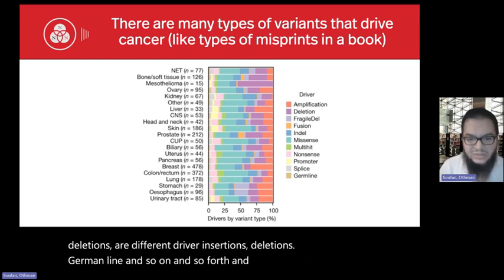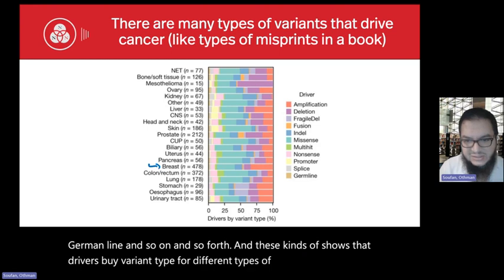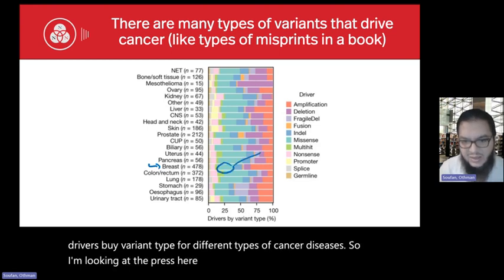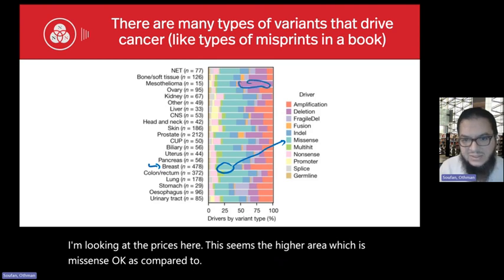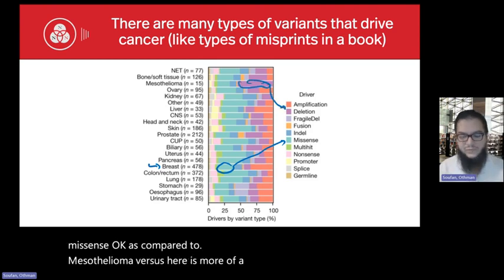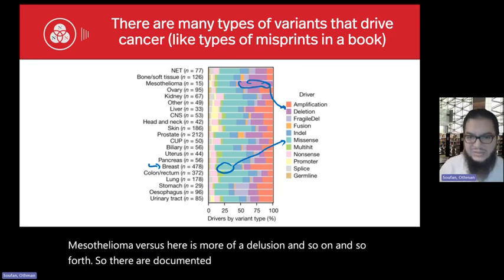And this shows the drivers by variant type for different types of cancer diseases. So I'm looking at the breast here. This seems the higher area, which is missense, as compared to mesothelioma. This here is more of a deletion, and so on and so forth.